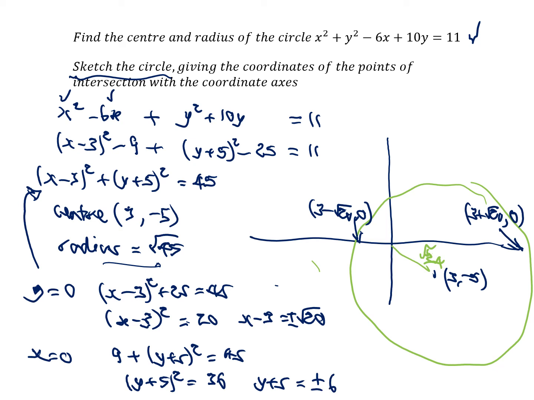So therefore 6 minus 5 is 1, which means the coordinates of that point are 0, 1, and then minus 6 minus 5 means that the coordinates of this point are 0, minus 11.